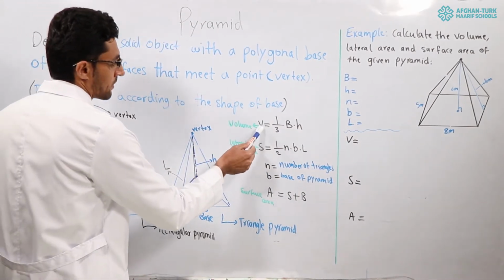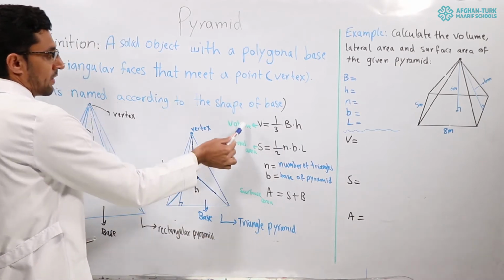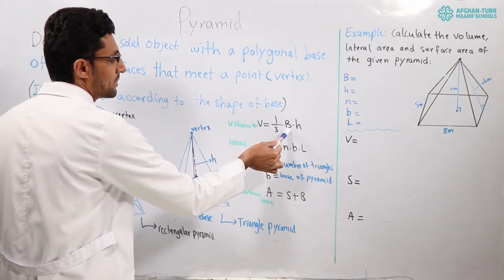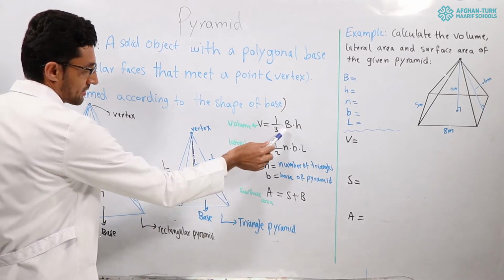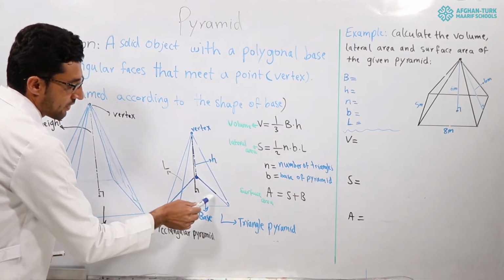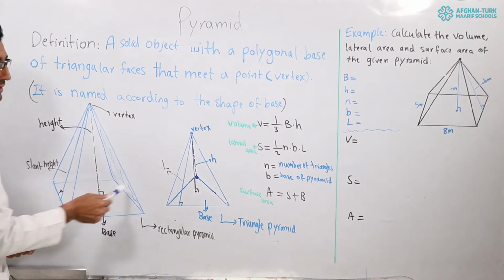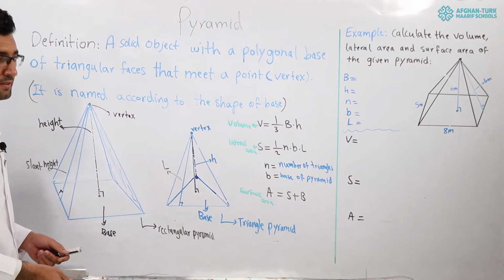Again, we are going to find volume, lateral area, and surface area. The volume of this pyramid is equal to 1/3 B multiplied by H. What is B? B is the area of the base. If it is a triangle, the area of the base. And what is H? H is the height of the pyramid.